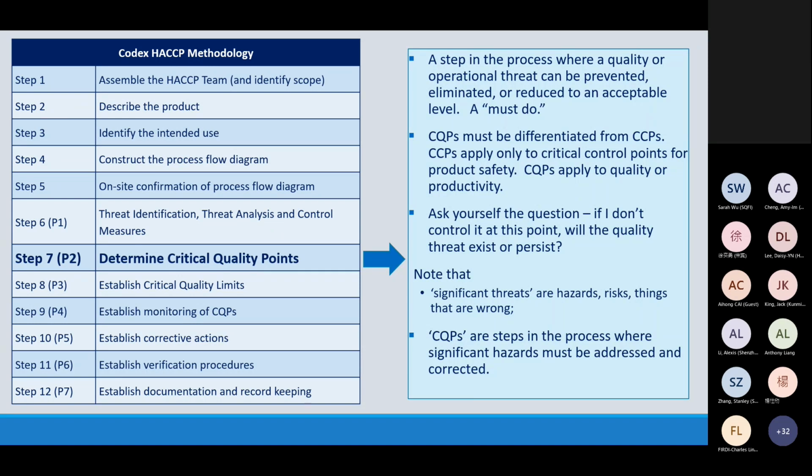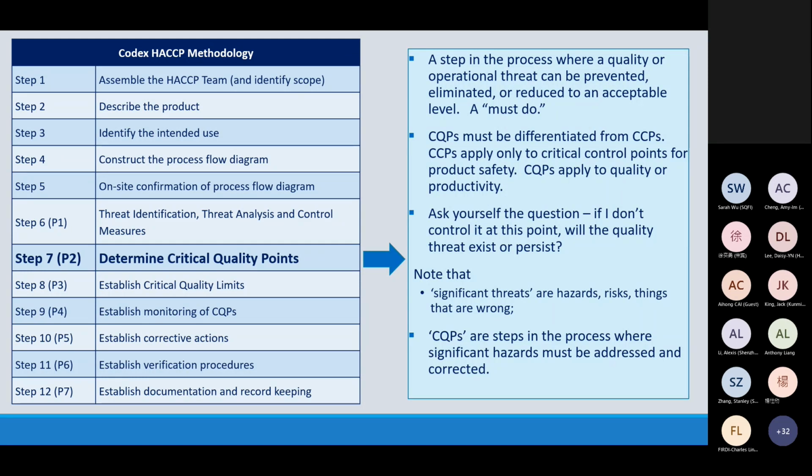Now, I know what you're thinking. Can you have the same step in the process as a CCP and a CQP? Yes, you can. Of course you can. And the ones I just gave you, a dryer or a cooker or an oven, can be a CQP and a CCP. And you've got to make sure that these two align. At what point is the product safe?